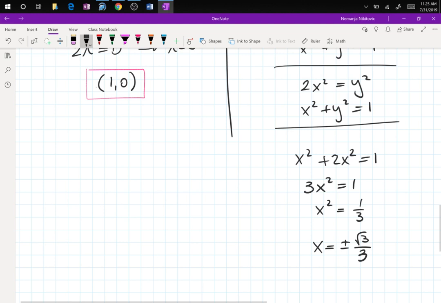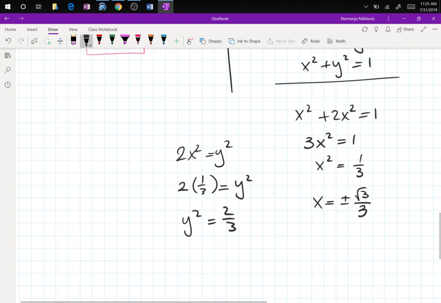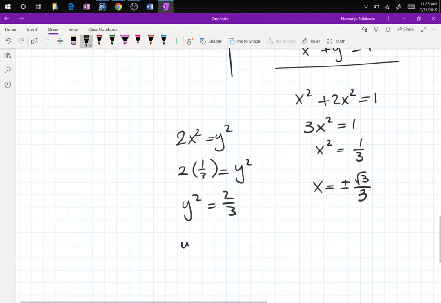Now, 2x squared is equal to y squared is a fast equation to deal with. We know that x squared is 1/3, so 2 times 1/3 is equal to y squared, from where y squared is equal to 2/3. And now when you take the square root of both sides, y is equal to plus minus root 2 root 6 over 3.